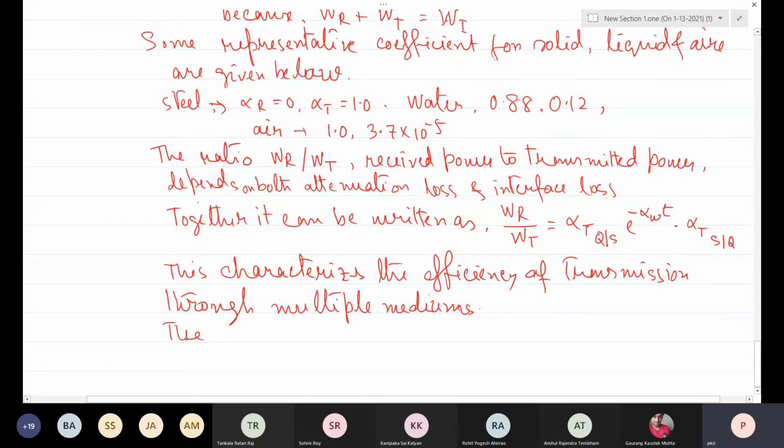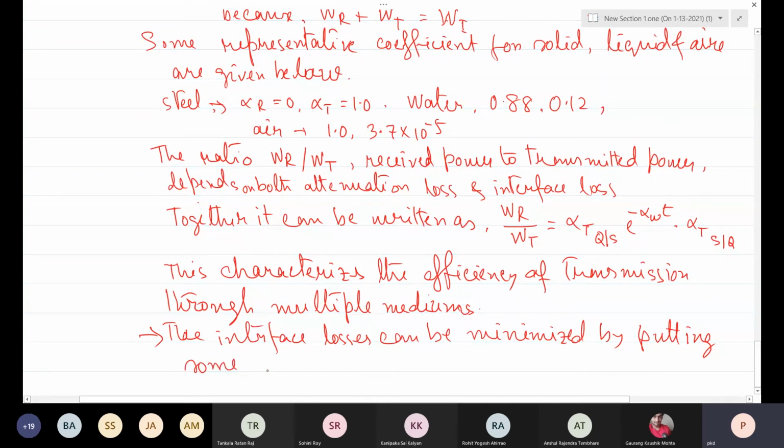The interface losses can be minimized by putting some matching impedance medium, a matching acoustic impedance material, in between.